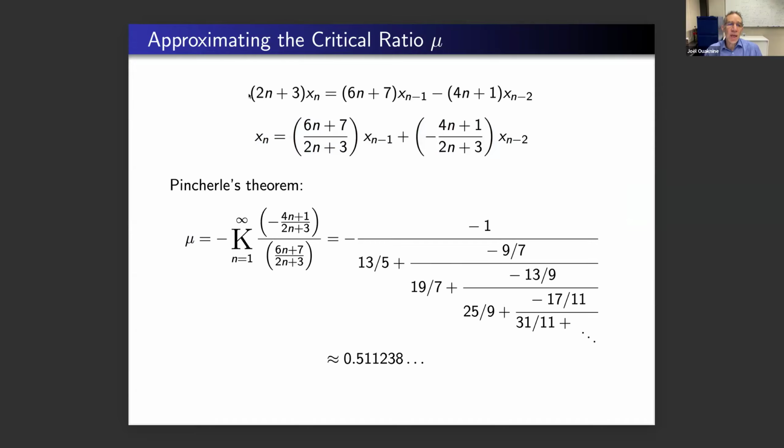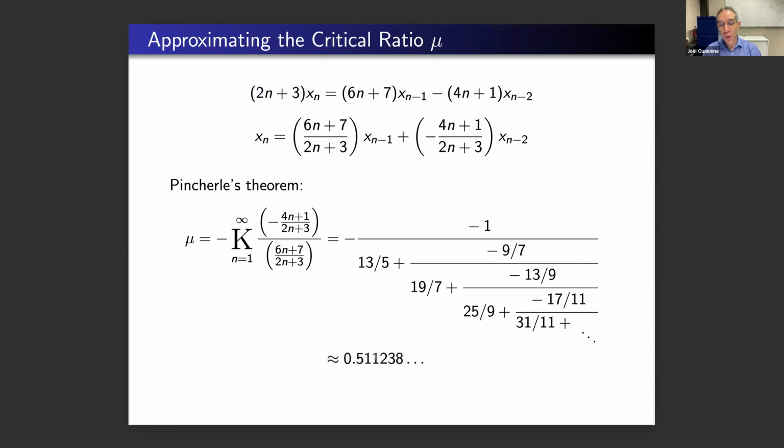In the case of the particular recurrent sequence that I chose, the critical ratio is this number. If you ask me whether this is a rational number, or an algebraic number, I have no idea. I can approximate it to arbitrarily high precision. I would guess it's a transcendental number, just because, but I have no idea.